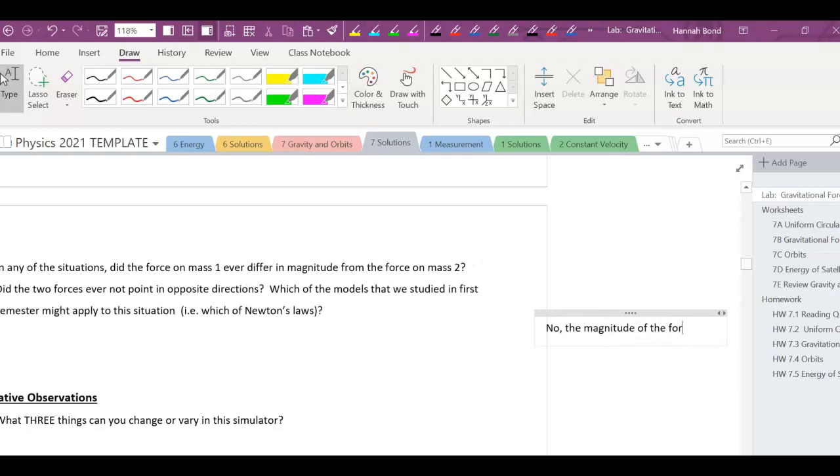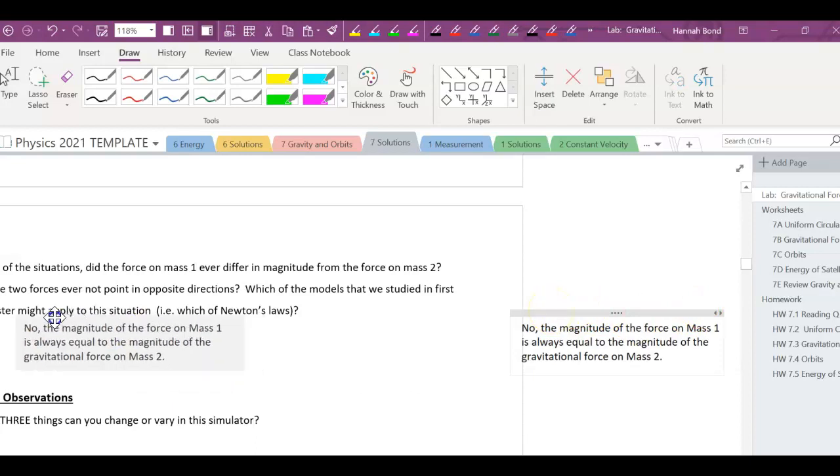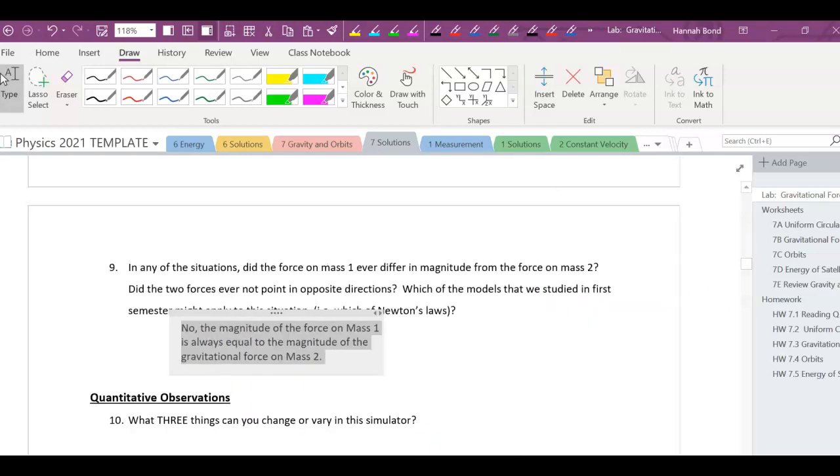So the magnitude of the force on mass 1 is always equal to the magnitude of the gravitational force on mass 2. So, no matter what we change in this simulation, those two numbers are always the same numbers.